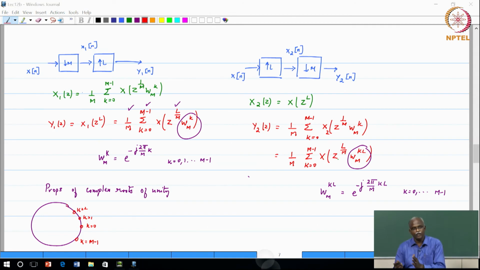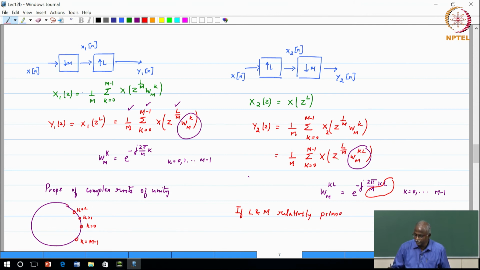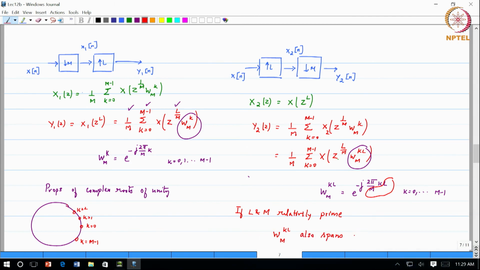Now, I am sure you would have come across several interesting theorems and results with the complex roots of unity. Now, if L and M are relatively prime, that means there is nothing that you can cancel between these two, then W_M raised to the power kL also spans all the distinct roots of unity.